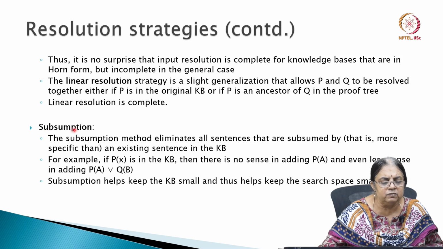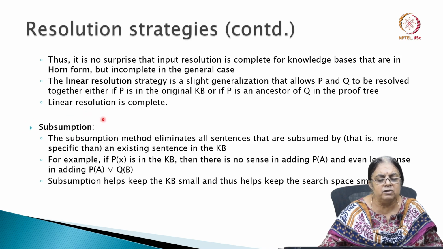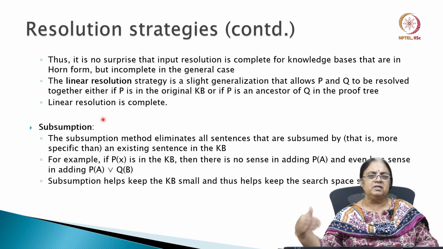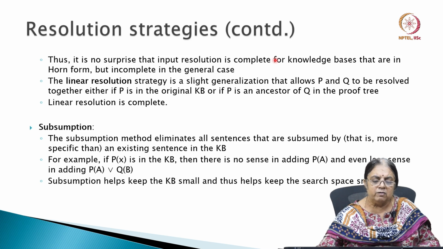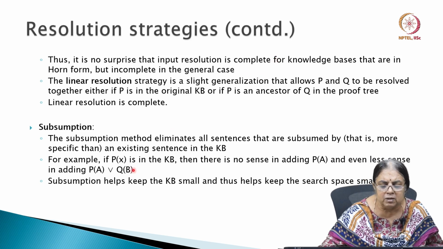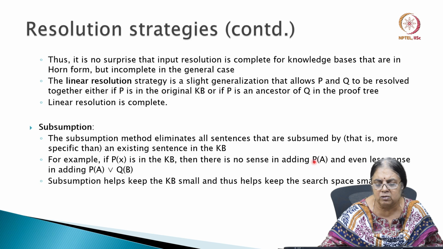Then the next one is what is called subsumption. What you do here is look at your knowledge base, and if you find that there is anything redundant in your knowledge base, you can remove those things. And once you remove it, you keep the knowledge base as small as possible. For example, if you have say P of X in your knowledge base, then there is no point in adding P of A, because P of A is also there in P of X basically.